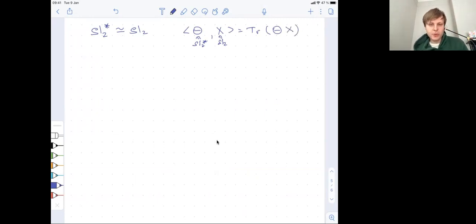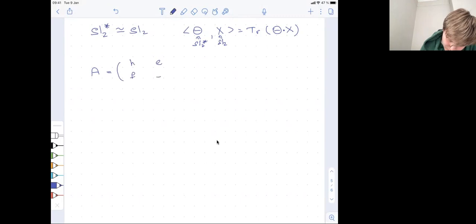Because both of them are matrix algebras, I can define a product of two matrices and then take a trace. Now let me consider a general element in SL2, which is just a traceless matrix. And since SL2 and SL2 star are the same, I do not differ between these two objects.